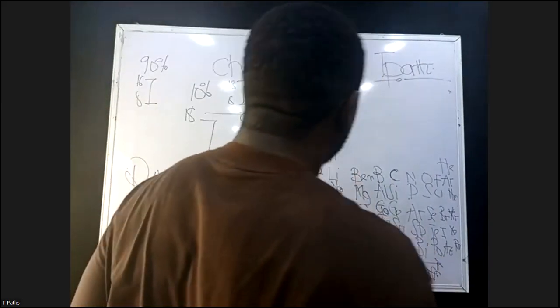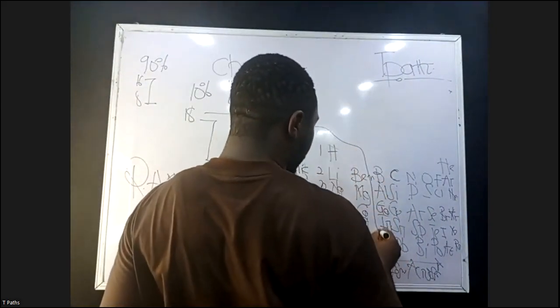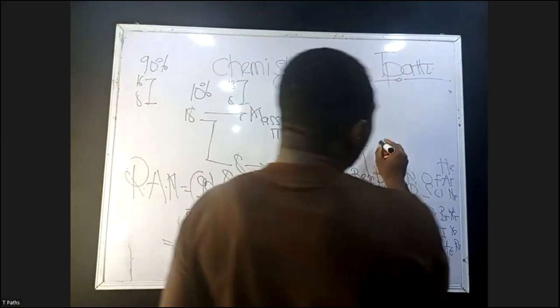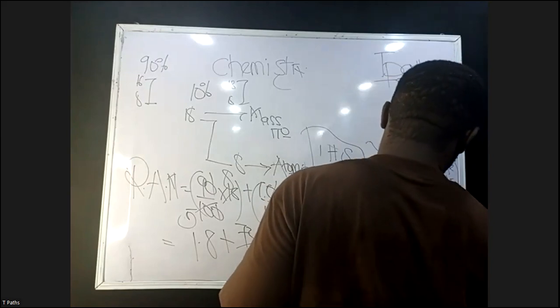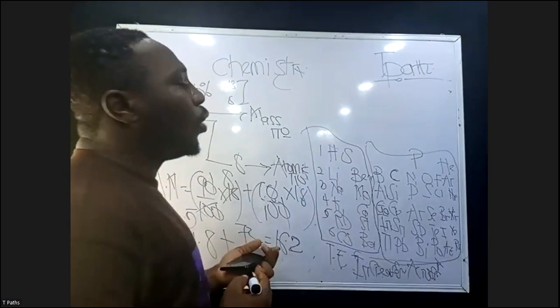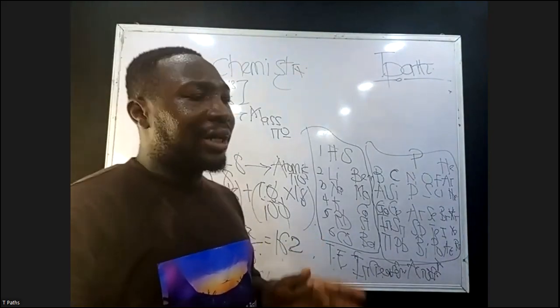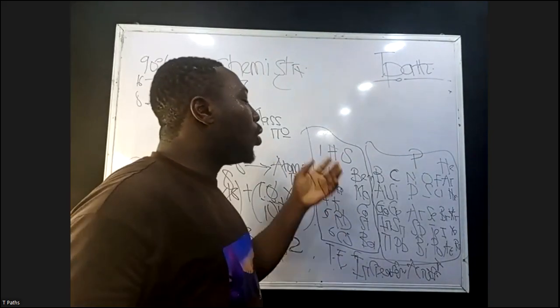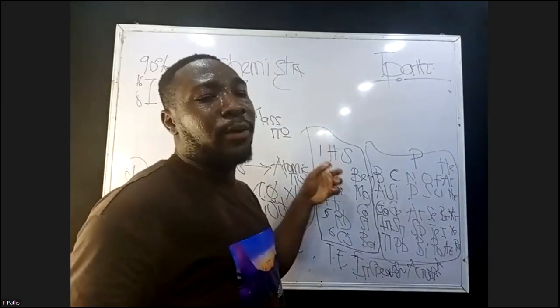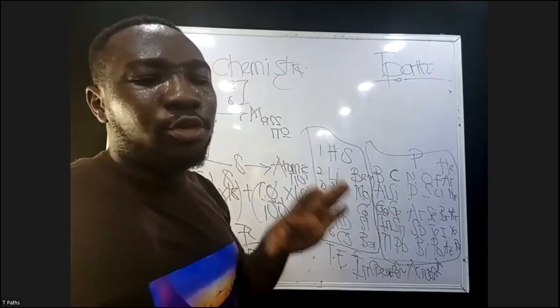This portion is the s orbital, and this portion is the p orbital. It means that the valence electrons of the elements found here are found in the s orbital.